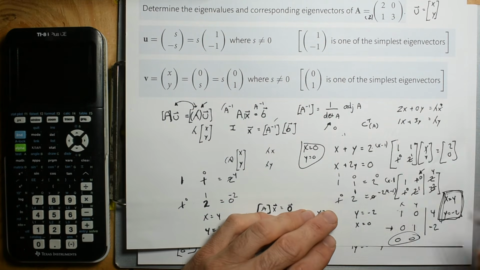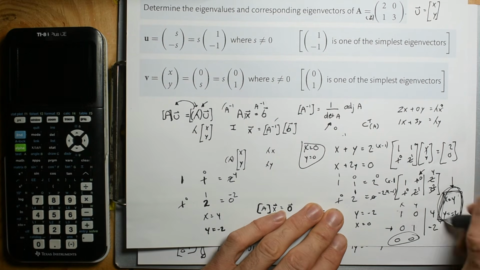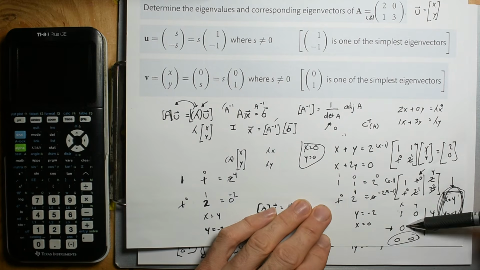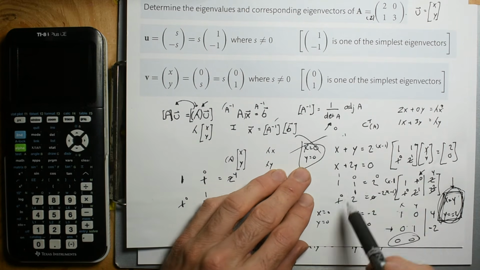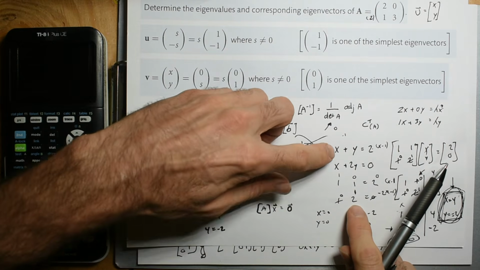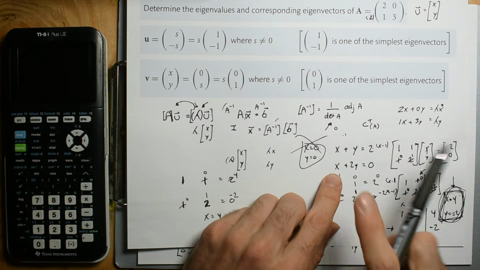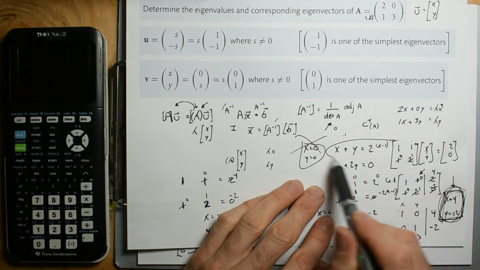If this is a unique solution that's not x equals 0, y equals 0, and it's linearly independent, then x equals 0 and y equals 0 will not be a solution. You can just see that 0 plus 0 does not equal 2. Now, 0 plus 2 times 0 equals 0 does work, but one of the equations does not jive.